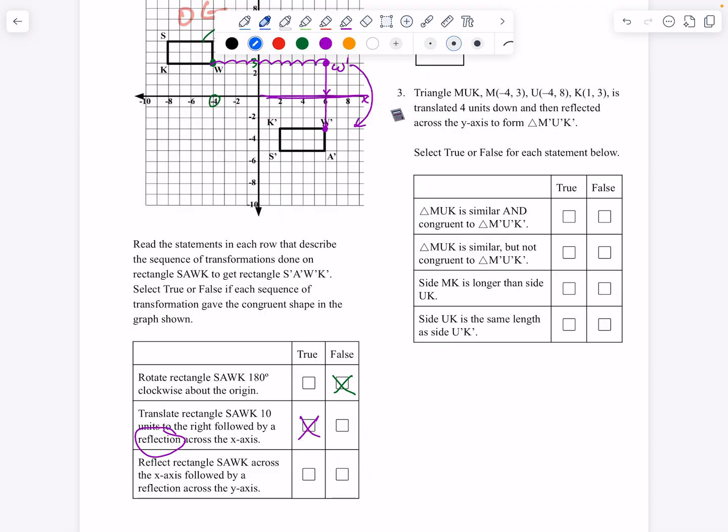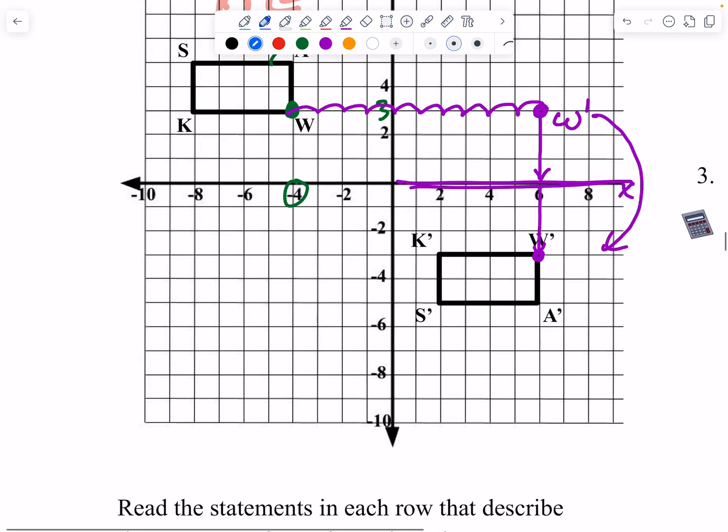And then finally, you reflect across the X and then across the Y. So I'm going to reflect across the X. There's my K and W. If I go 3, I'm going to go 3. So right there and right there. And then my rectangle, let's draw this.